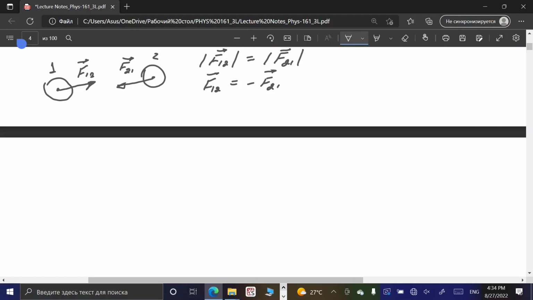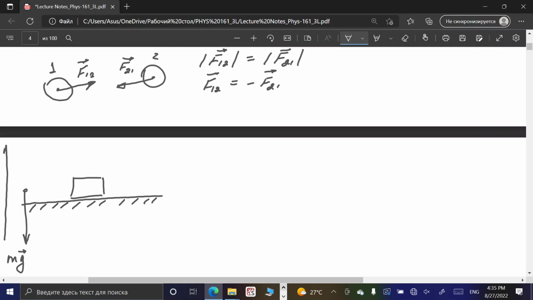And we can consider some examples. Like, for instance, if we have a block placed on a horizontal surface, there will be some weight of this block, and that is mg vector. Let's consider that this is our x-axis, and positive direction is upwards.